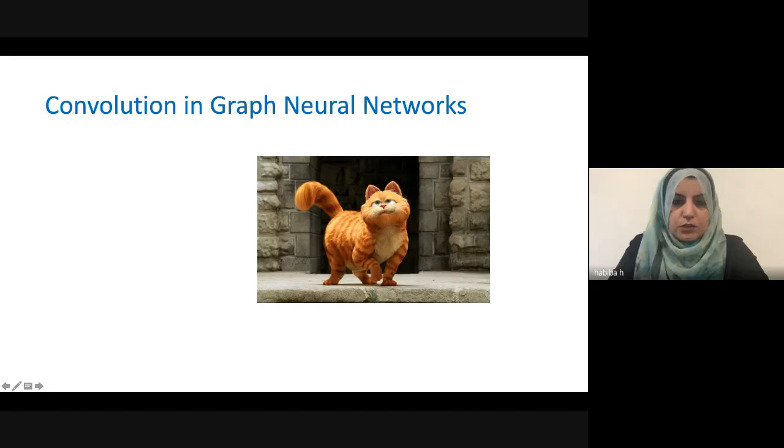So just to give an idea of how they're similar and how one idea can be confused with the other, here's an image. In a typical image classification task, what we are interested in is, let's say, predicting what's on the image.